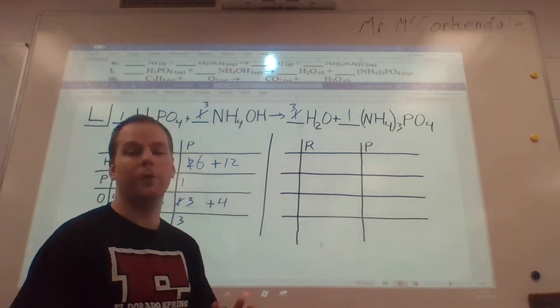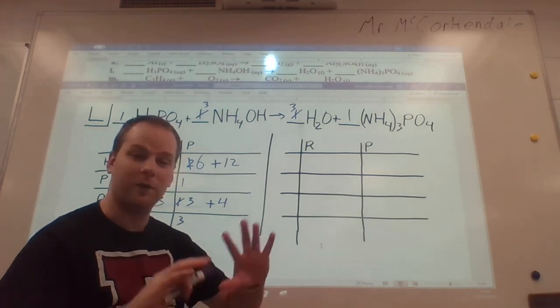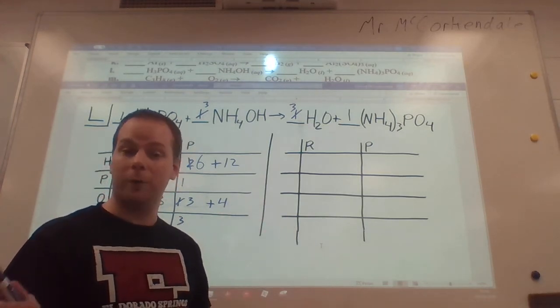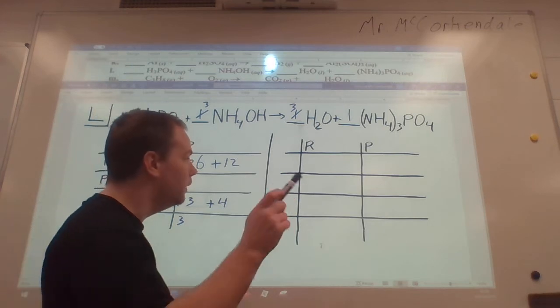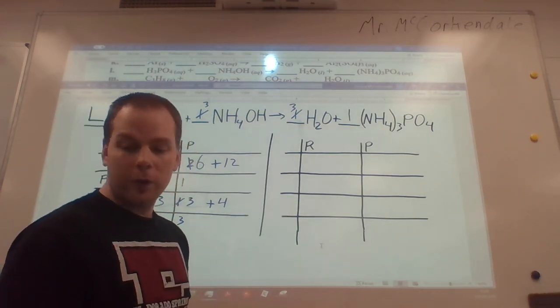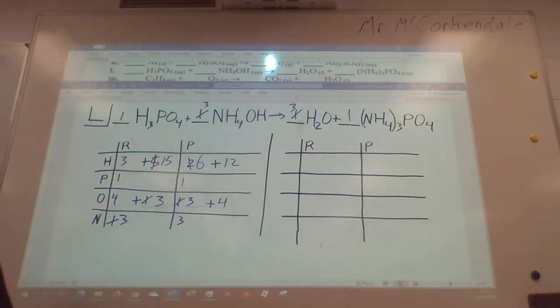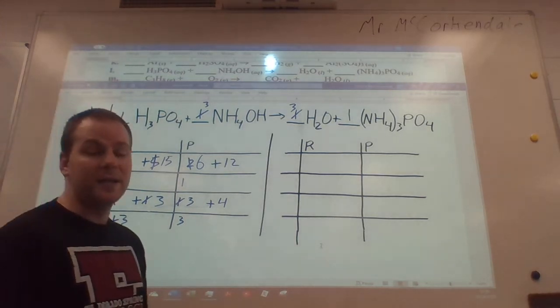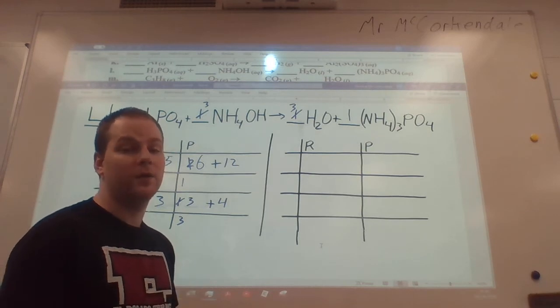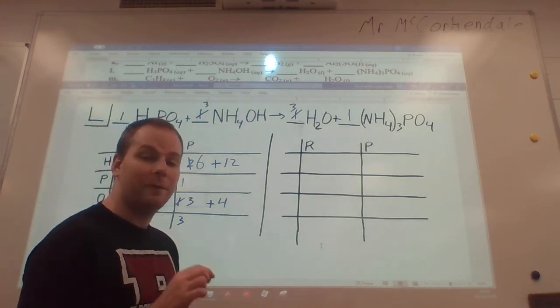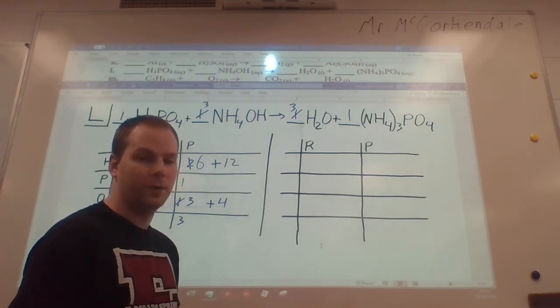And I know some of you breezed right through R, but that's great. But most people struggle with R just as much as they do with L. So what we're going to do is split these into cations and anions instead of into elements. Now, like I said, you have to know your polyatomic ions to do this.